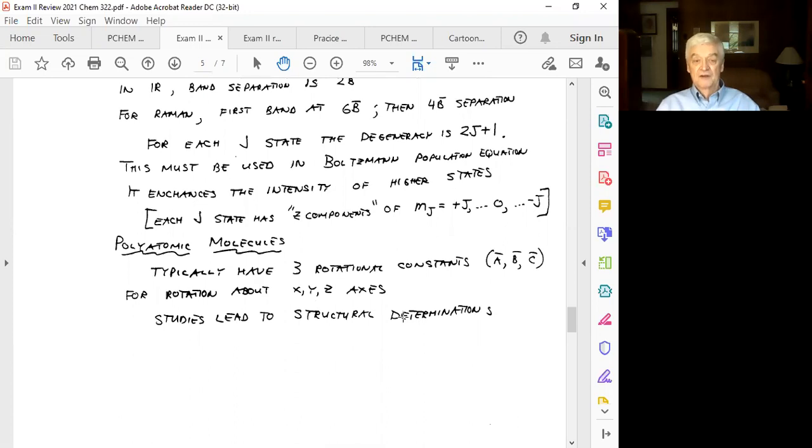We talked very briefly about polyatomic molecules. The key feature to understand is most molecules are asymmetric tops. They have 3 different rotational constants, A, B, and C. And so you can get 3 pieces of structural information on a molecule. For many, many systems, you can use isotopic substitution.